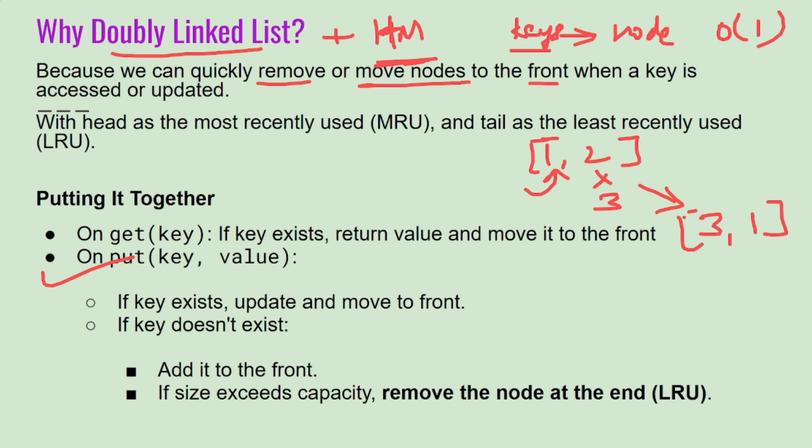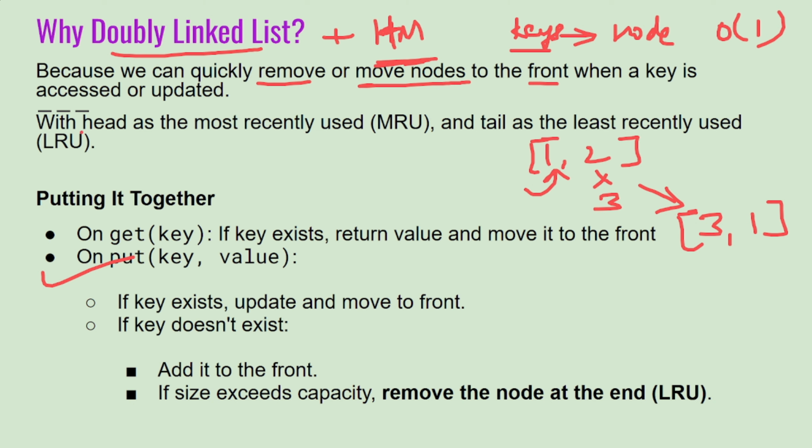The front node before 1 is now 3. So whenever a key is accessed or updated, we quickly remove or move the node to the front. Understood? That is why we will use a doubly linked list.